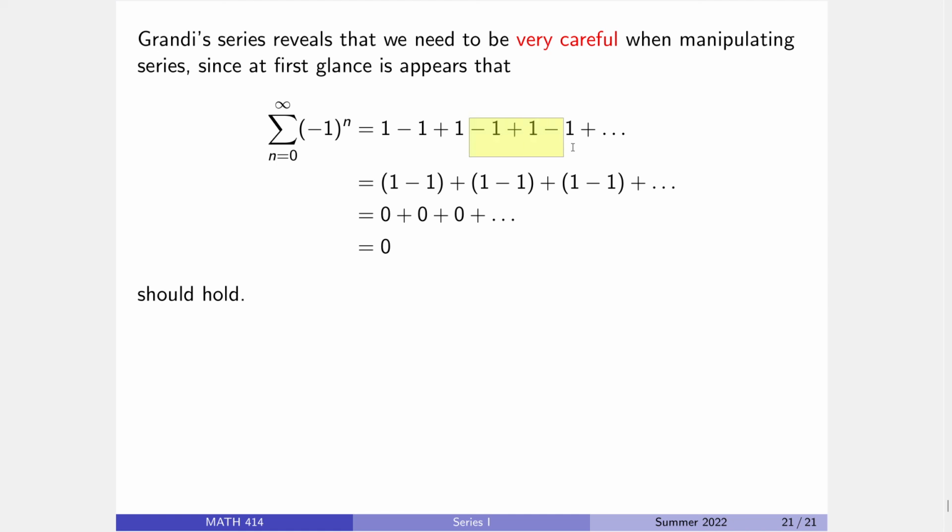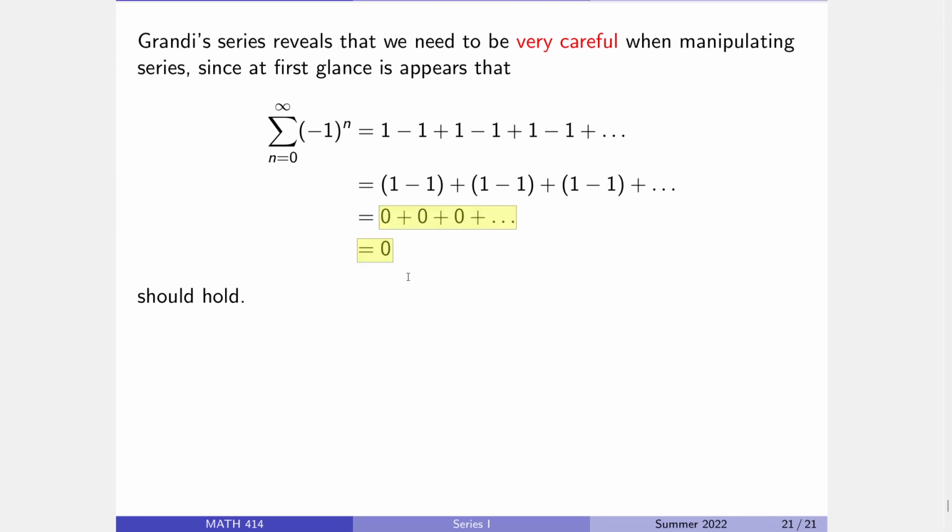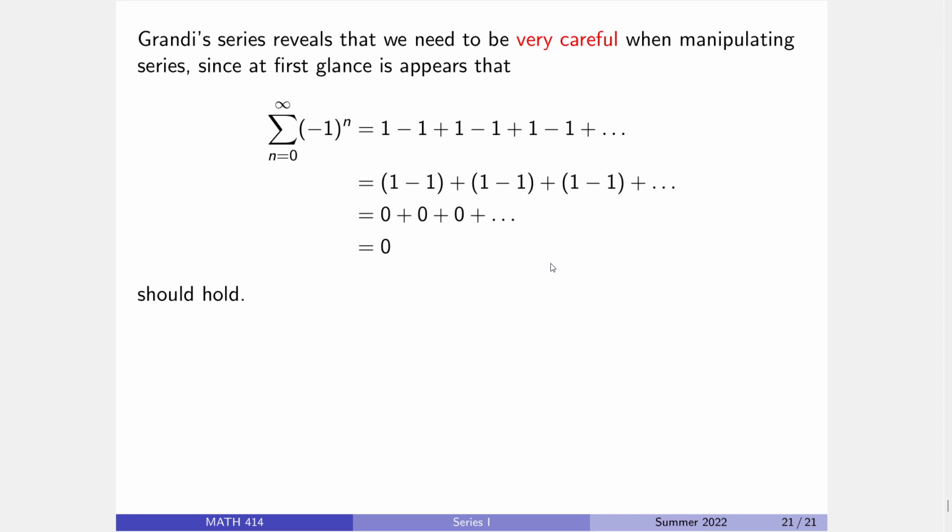Right, so this manipulation, which is completely valid for a finite number of terms, just placing parentheses wherever you want, generalized associativity, doesn't exactly carry over. This grouping of terms is not allowed. You can totally do it with a finite sum, you cannot do it with an infinite one.